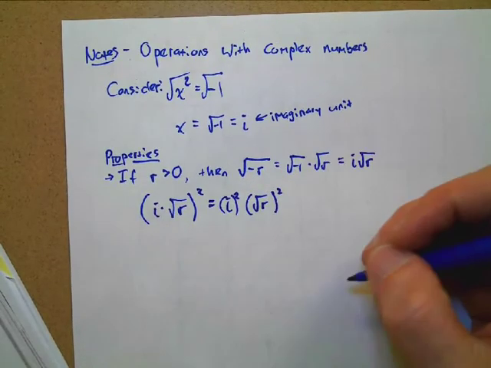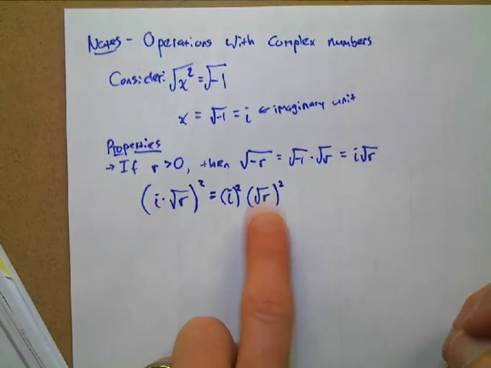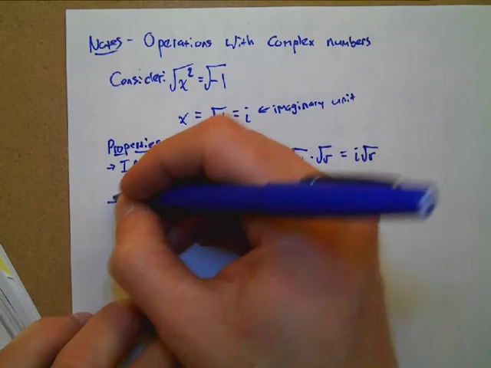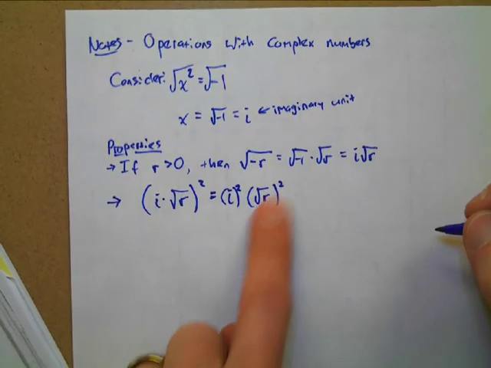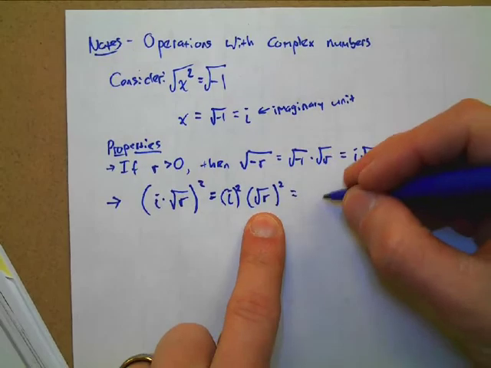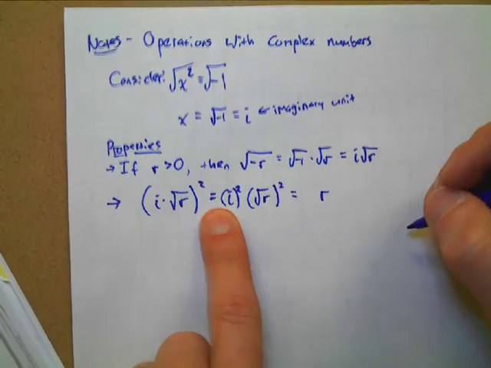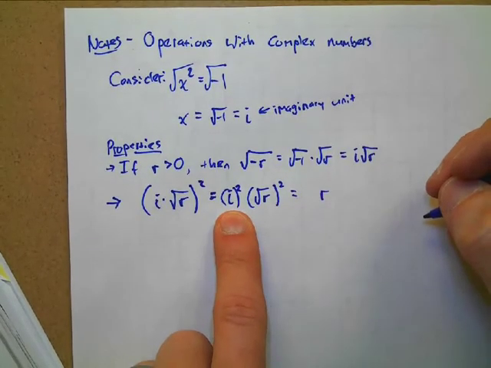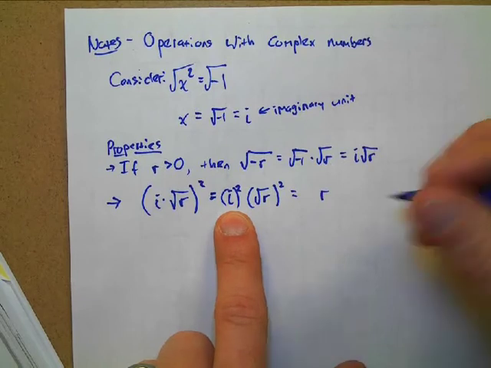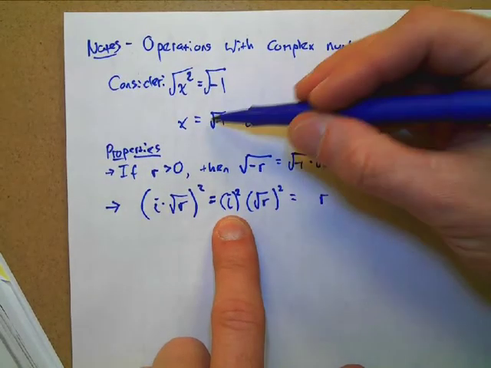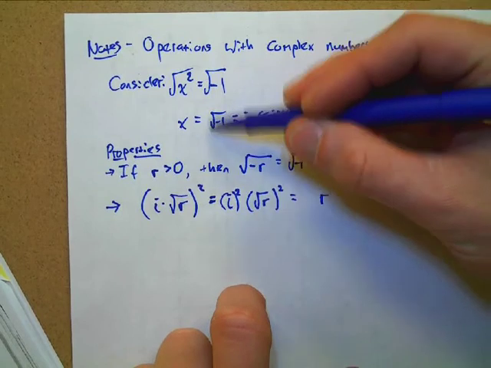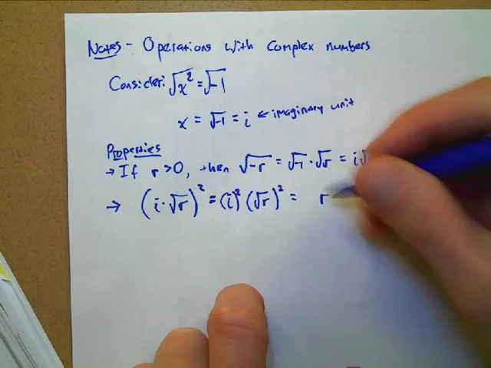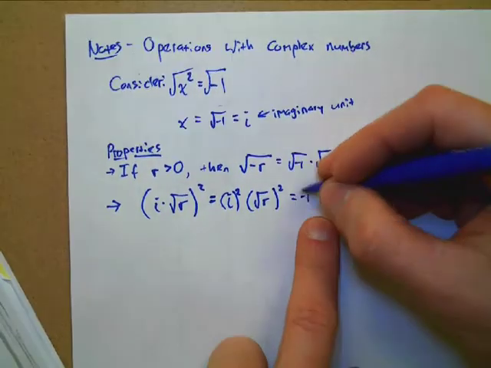Okay, let's do the easy one first. What is the square root of r squared? What does that simplify to be? r. Just r, that's right. And then i squared, what does that simplify to be? Well, if i is the square root of -1, and if you square a square root, what will be left over from this? Just -1. So we get just -r.